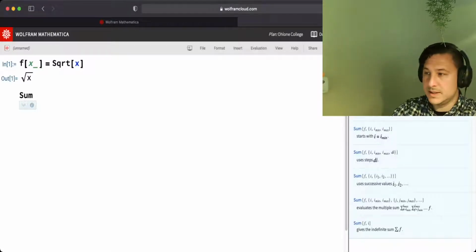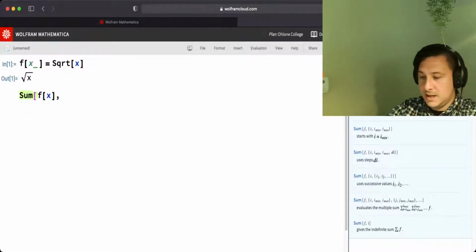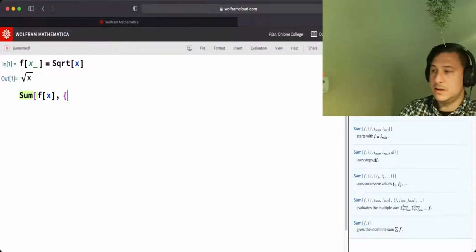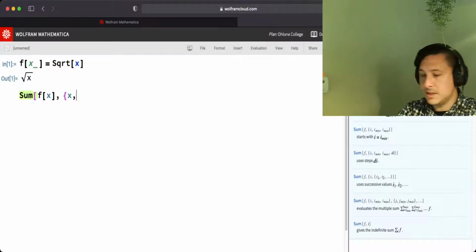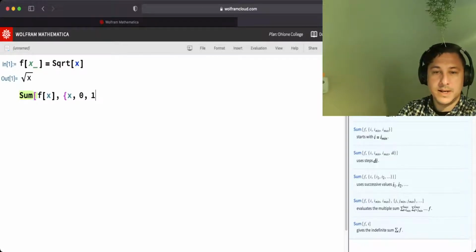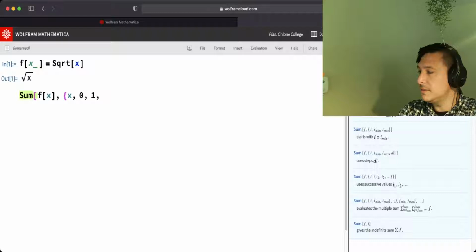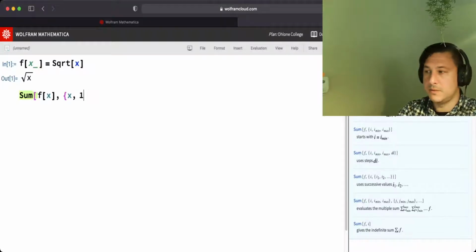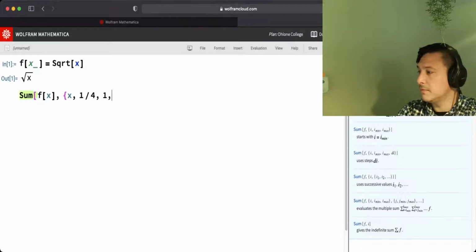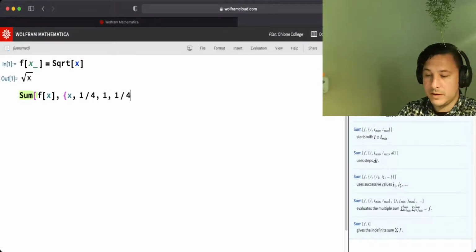So I want the sum of f of x, and you have to tell it what numbers you want it to plug in. So I'm going to say I'm plugging in x values. I'm going to start at 0 and end at 1. Actually, I'm not starting at 0. I'm starting at 1/4, and I'm ending at 1. And we're plugging it in steps of 1/4.